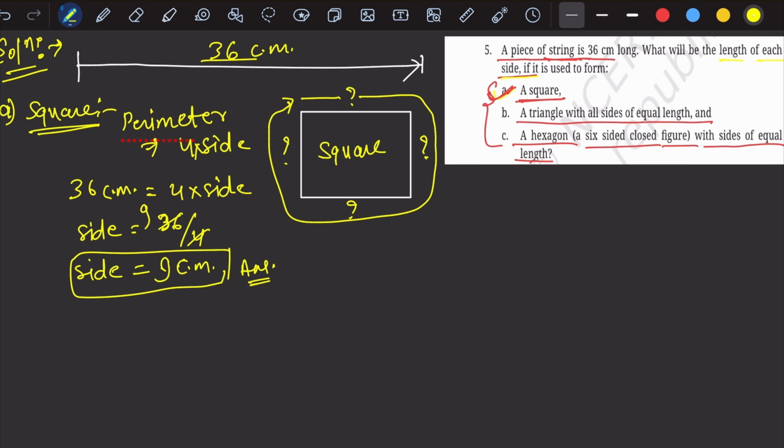Here we have the square which has 9 centimeter on each side.